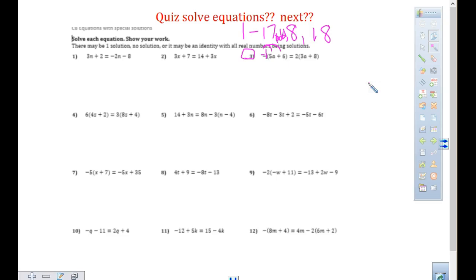Number 5, this has really been messing people up, all those subtractions. So when I talk about changing subtraction to adding the opposite, that will help many of you out. That means this would be 8n, and I change it to plus a negative 3 times n plus a negative 4.